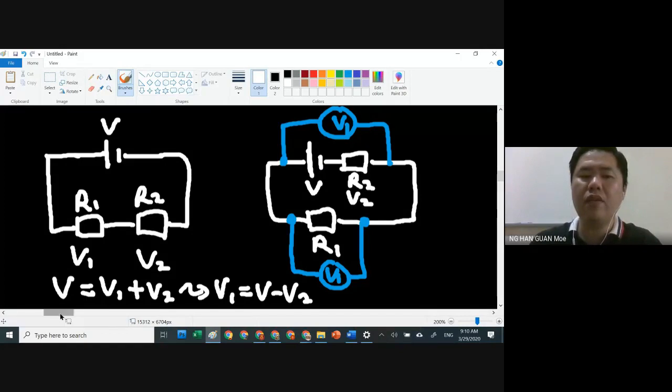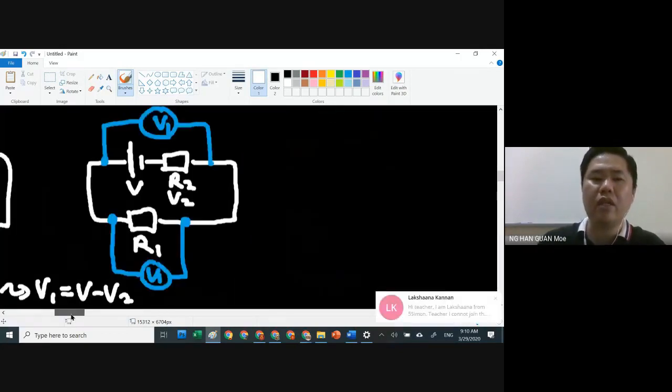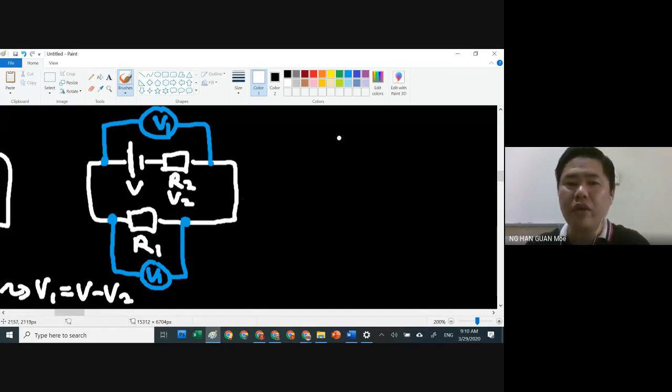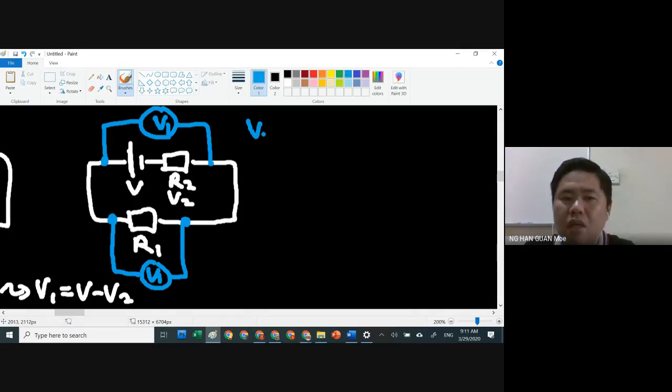Okay, how do you detect V, V2, and V1? If you don't understand from the beginning, you will think that V1 covers V and V2, so V1 should be equal to V plus V2.